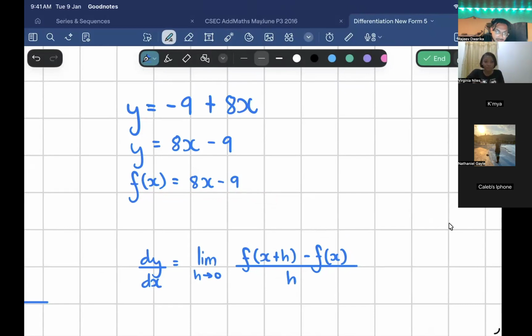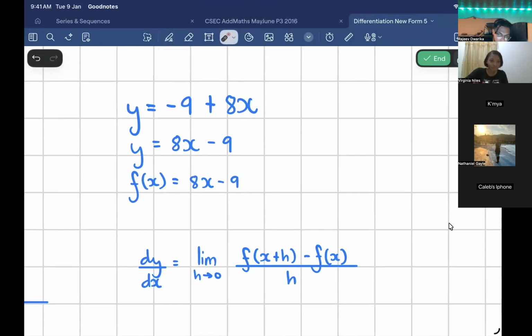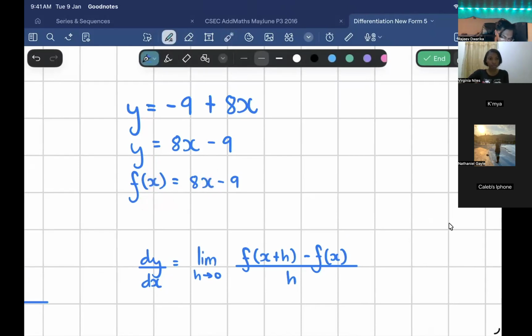If inside of f of x I have x, and inside the bracket I have x plus h, what am I going to replace x with? x plus h. Correct. So we should go ahead and find f of x plus h. Tell me what to write.